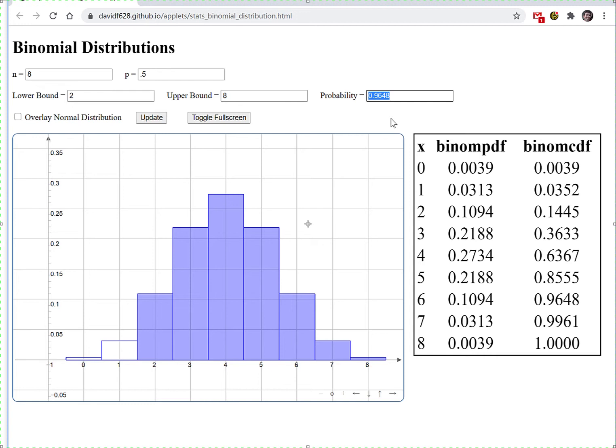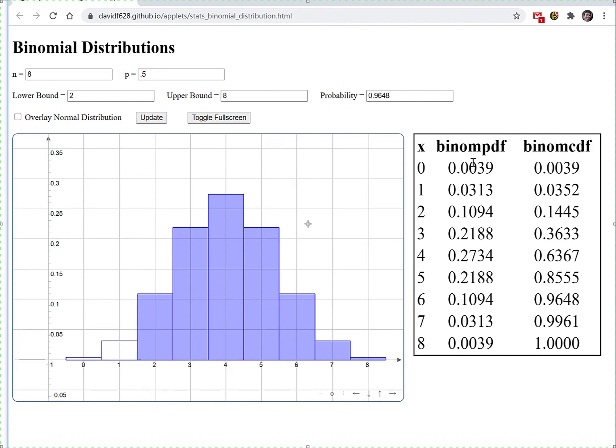Because the problem is the calculator doesn't have any means of allowing us to type in a lower bound and an upper bound as this program does. So we have to use what we have available, which is Binompdf and Binomcdf.